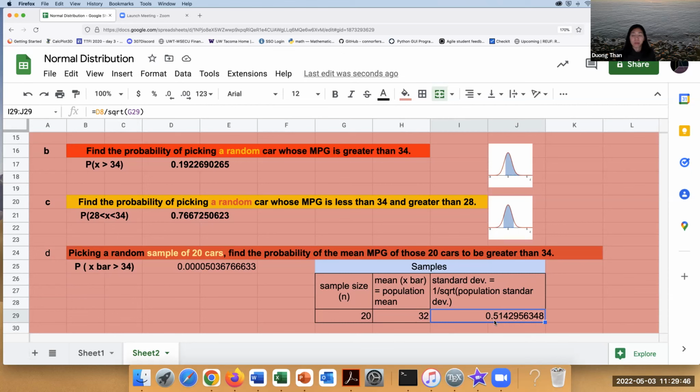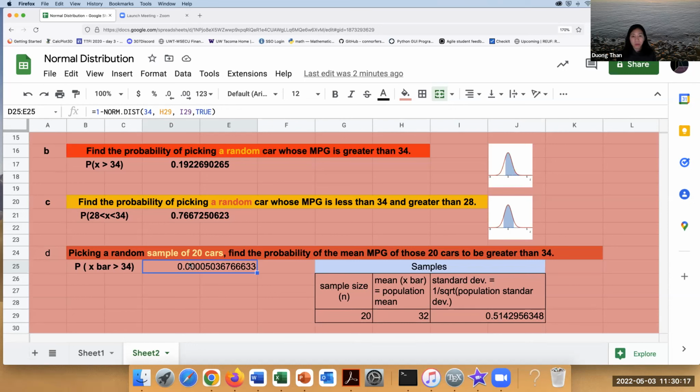And 34 is 2 miles away from the mean, which is about 4 standard deviations away. That explains why the probability is so small for samples of 20 cars to have their average MPG greater than 34.